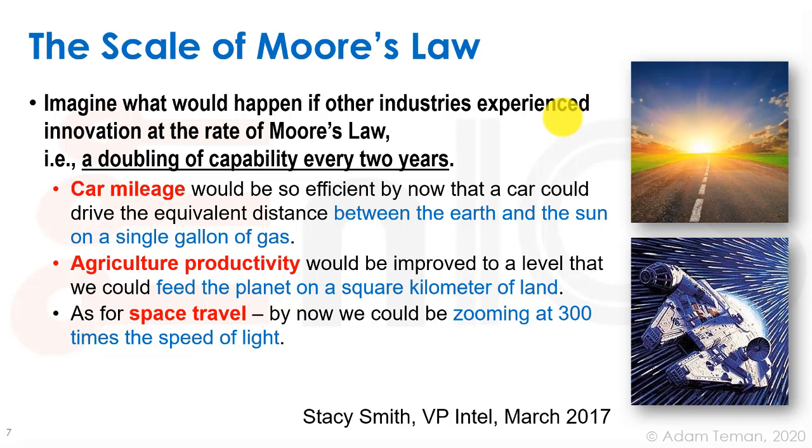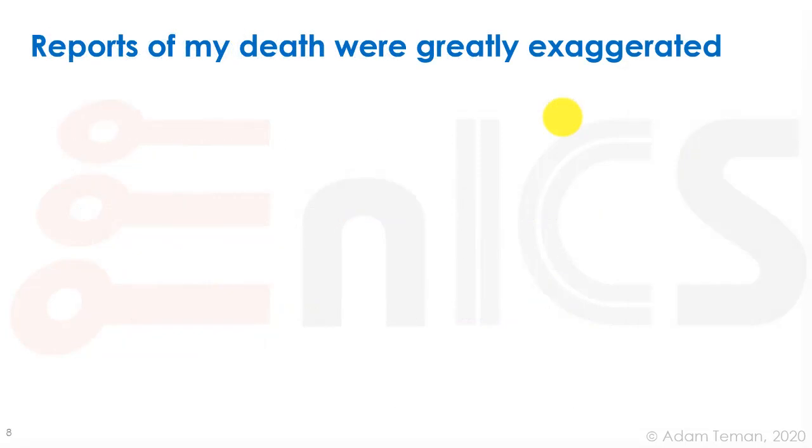Again, Stacy Smith put out this type of illustration of how large Moore's law scale is. Mark Twain famously said that reports of his death were greatly exaggerated, when supposedly he read his own obituary in the newspaper. The same thing could be said about Moore's law many, many times.